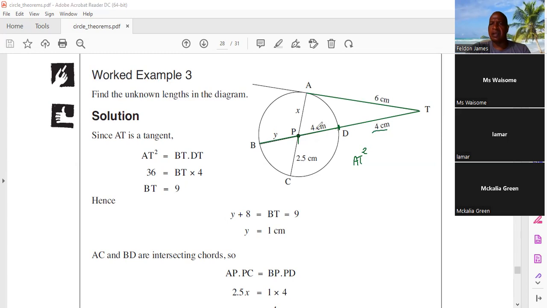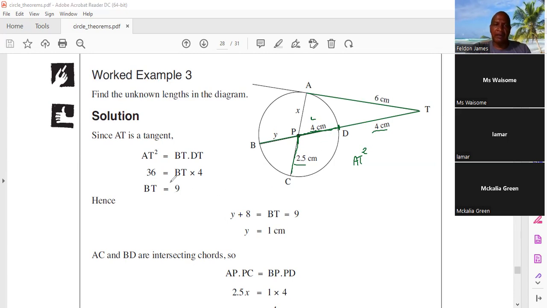I think the labeling of these numbers seems a little confusing because this is 4. This cannot be 4 if this is 2.5 because these are the same radius. You understand? So this is supposed to be 2.5. So I'm not sure what the 4 is here.